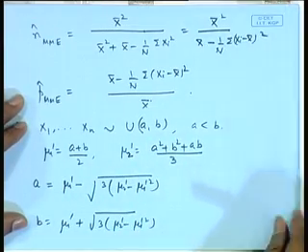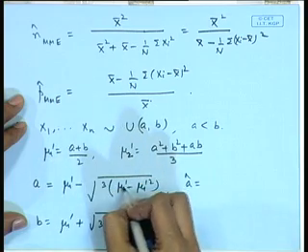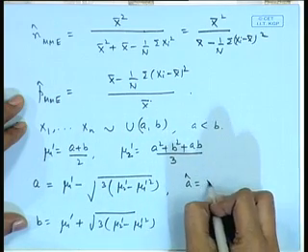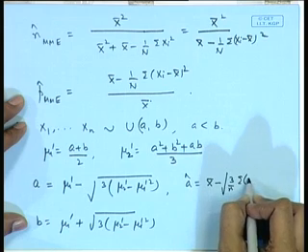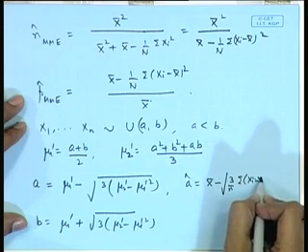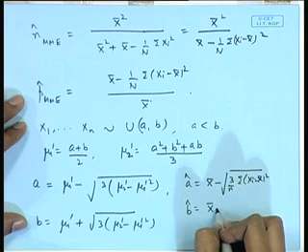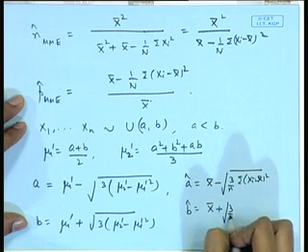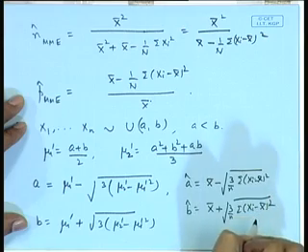The method of moments estimators are obtained by substituting alpha 1 and alpha 2 for mu 1 prime and mu 2 prime. So, I will get A hat equal to x bar minus square root of 3 times the square root of (1/n) sigma (xi minus x bar) whole square, and B hat is equal to x bar plus square root of 3 times the square root of (1/n) sigma (xi minus x bar) whole square.